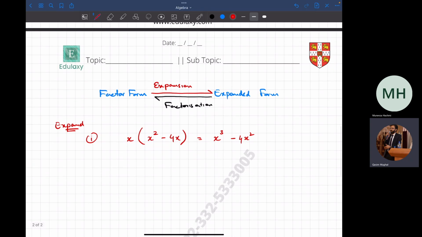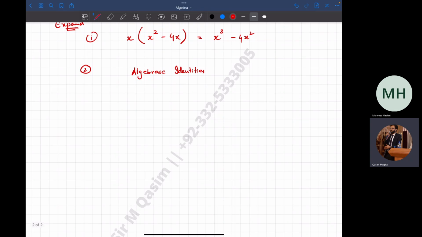Okay, the other method is by using algebraic identities. You can use algebraic identities in order to expand. There are 3 algebraic identities: a plus b whole squared equals a squared plus 2ab plus b squared.